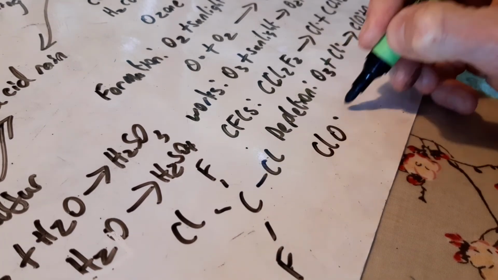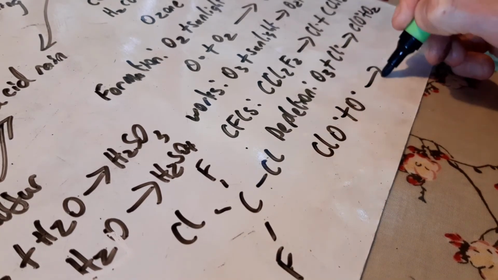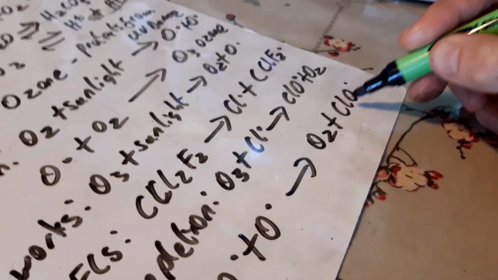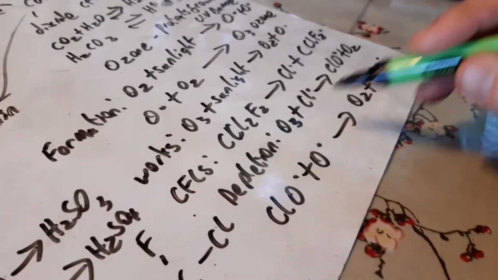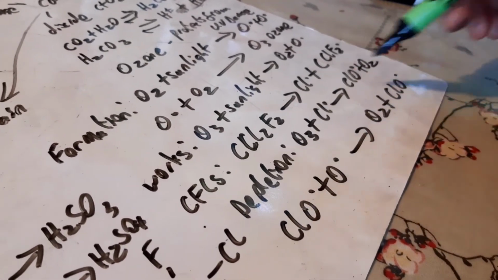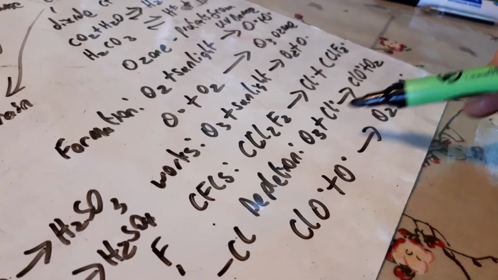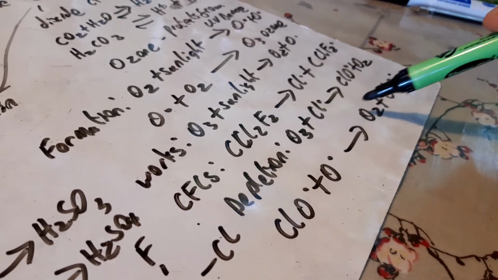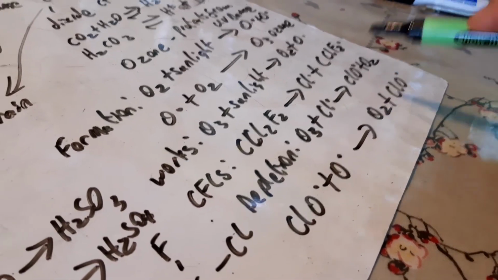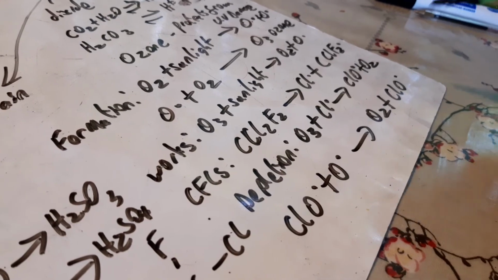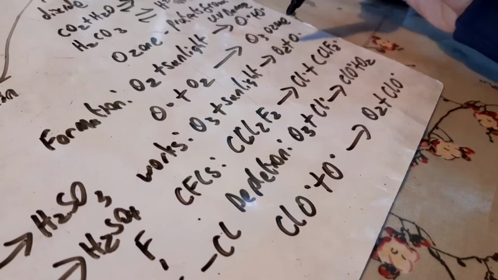And then those radicals react together to produce oxygen and chlorine radicals like that. So this sequence goes in a cycle, and it leads to the depletion of ozone in the atmosphere. Even one of these molecules can break 100,000 molecules of ozone down into oxygen. Make sure you're familiar with these equations.